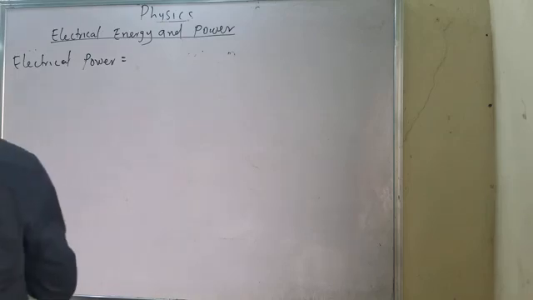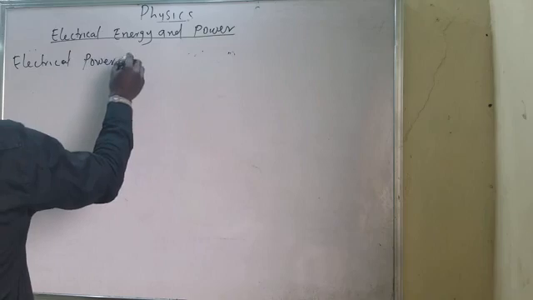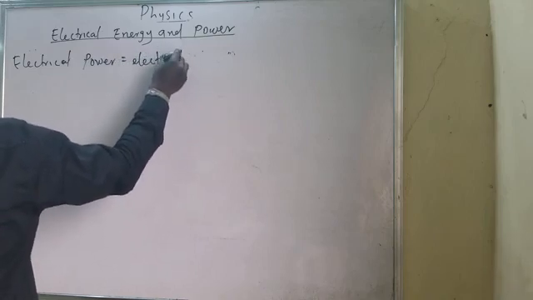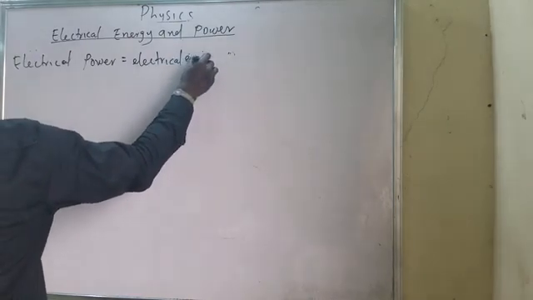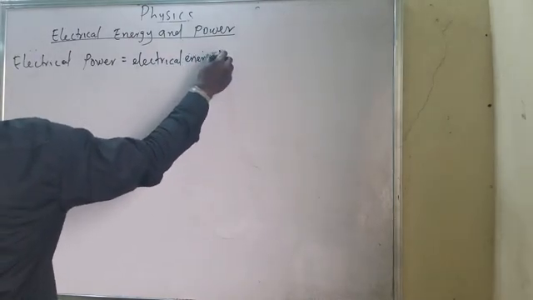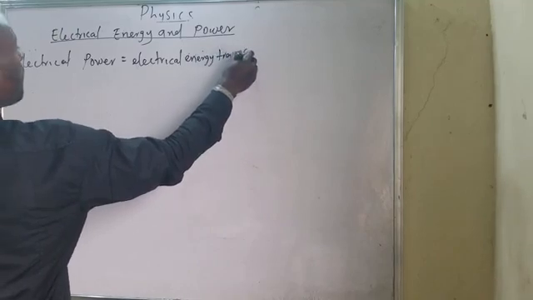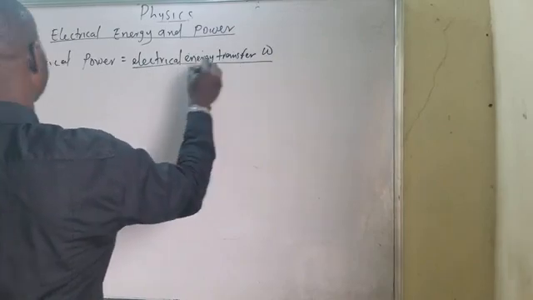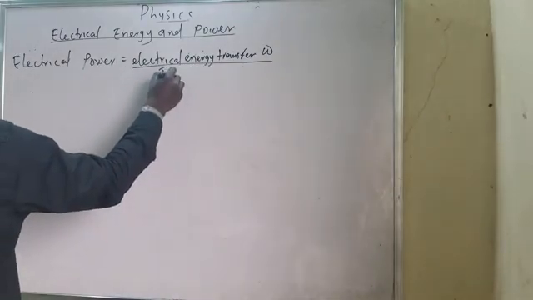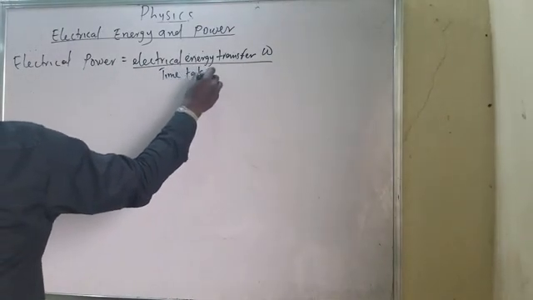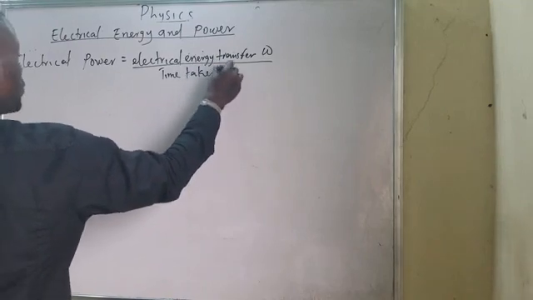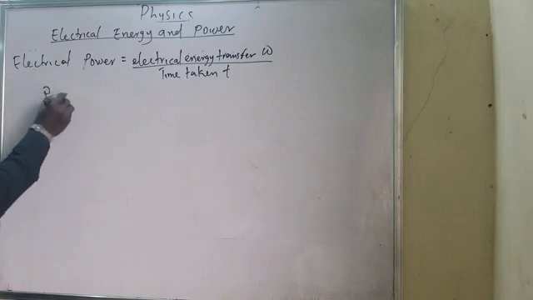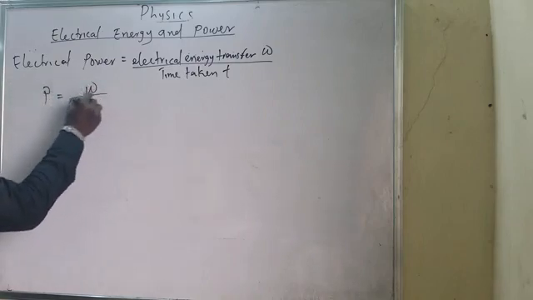Electrical power is equal to the electrical energy transferred, which is W, divided by the time taken, which is always T. It means I can say that my power equals W over T.